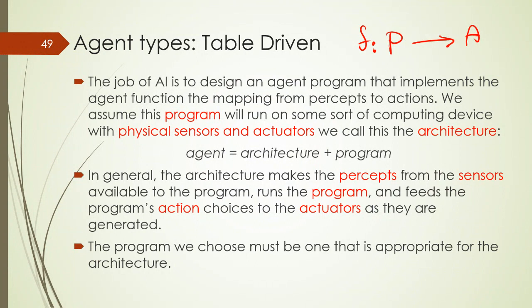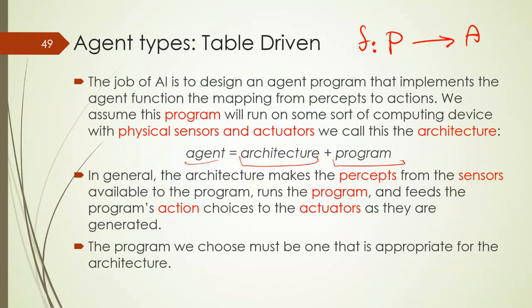We assume this program will run on some sort of computing device with physical sensors and actuators to give us the percept, and also apply the action to the environment. We call this an architecture.